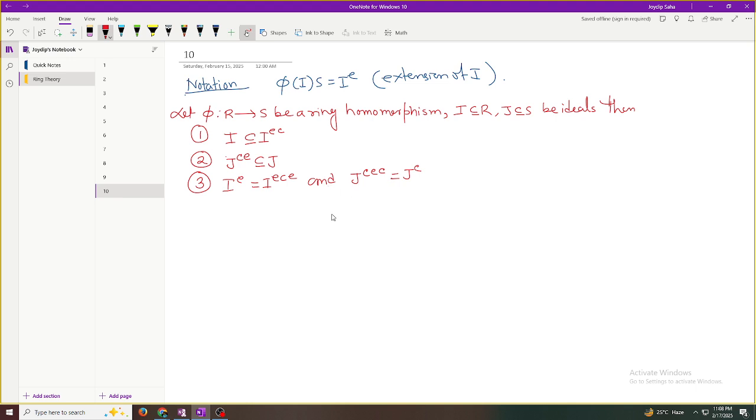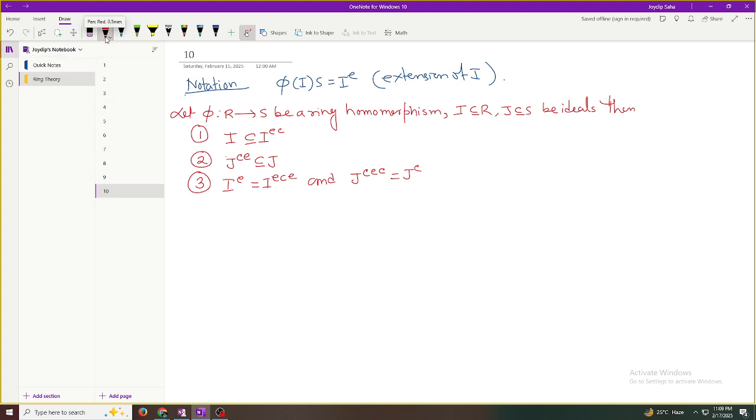You can recall that this is I extension, and what is J contraction? Phi inverse J, that is J contraction. So these are basic facts.